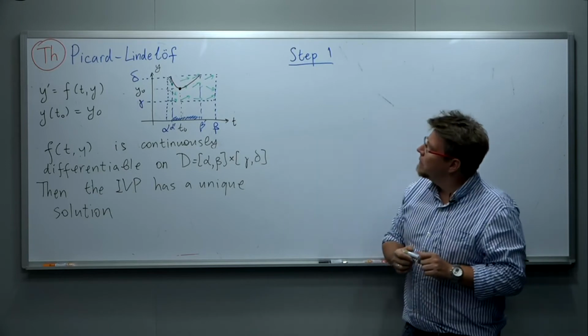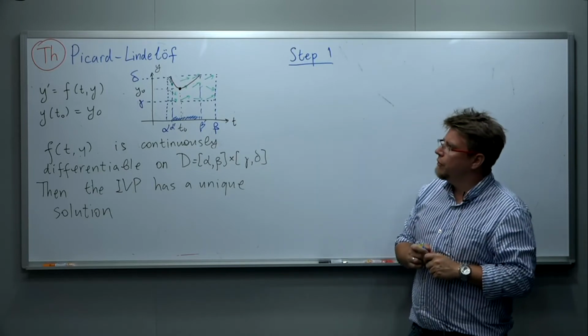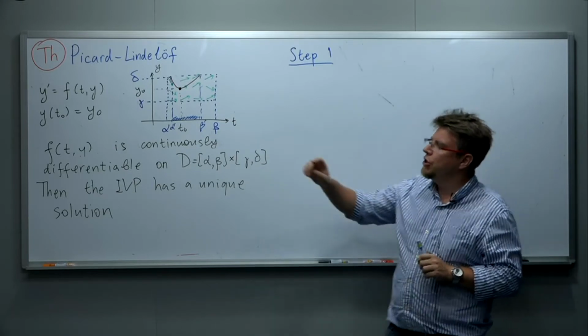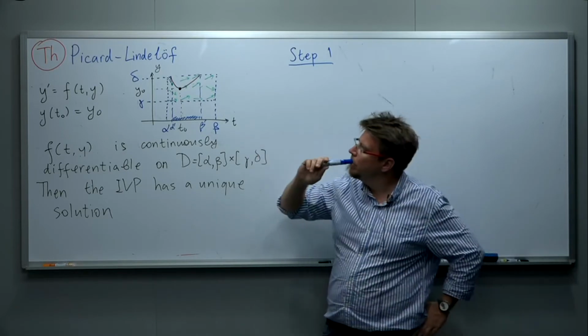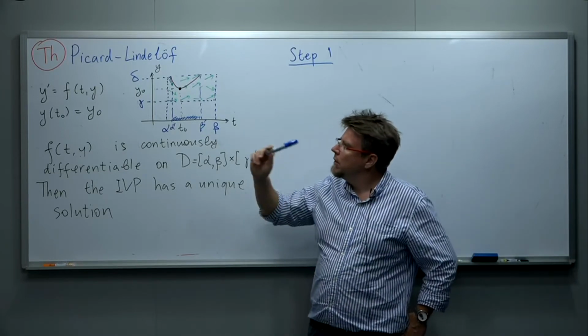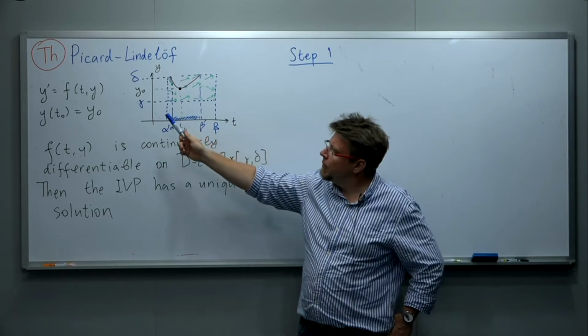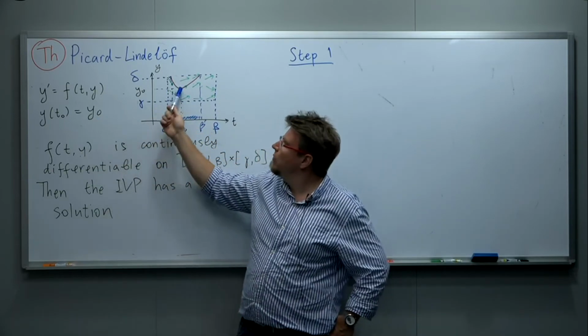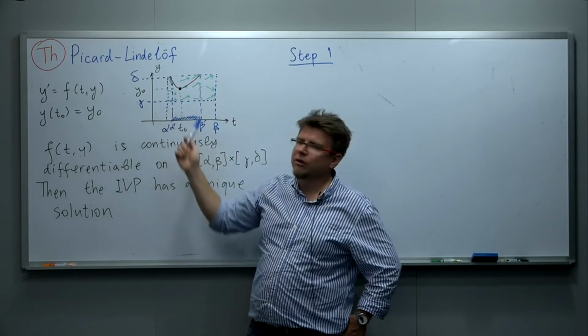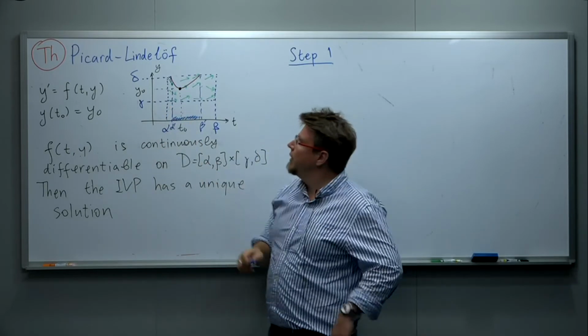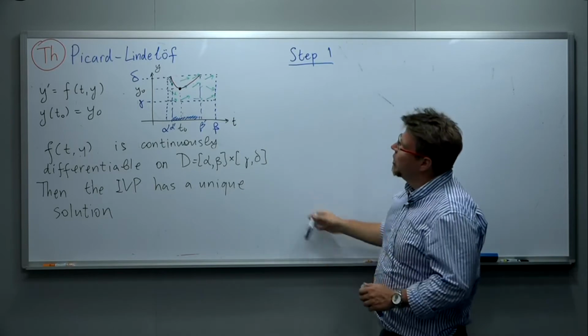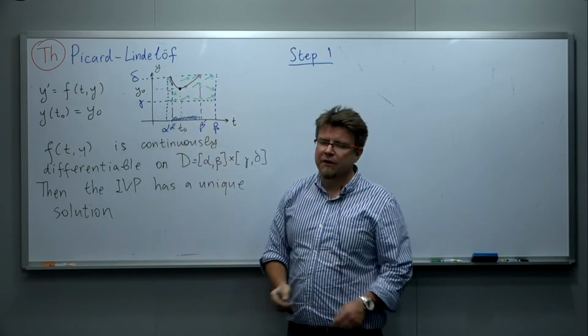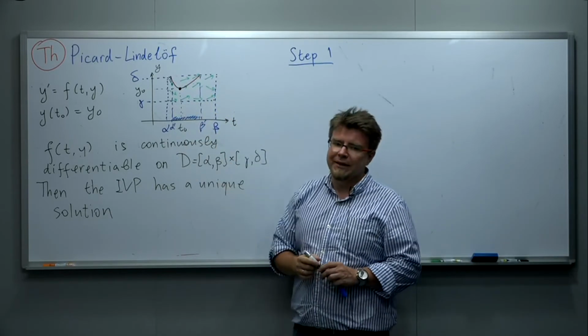Now, the first step of the proof of the Picard-Lindelöf theorem is to change the initial value problem from an arbitrary point to the origin. So geometrically, it means the following thing. It means that we take exactly the same vector field, but we change the coordinate axis, right?